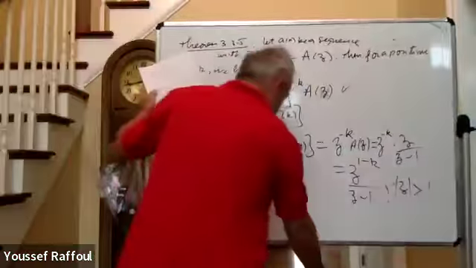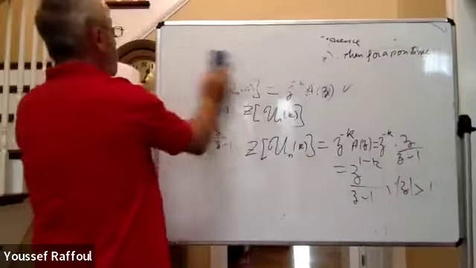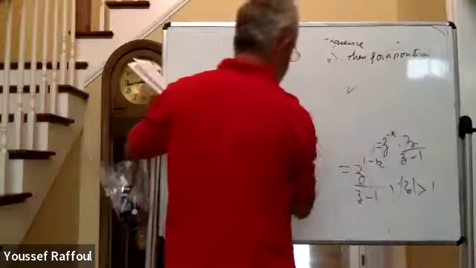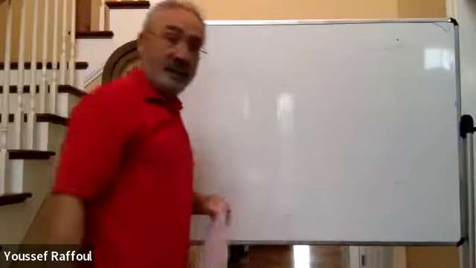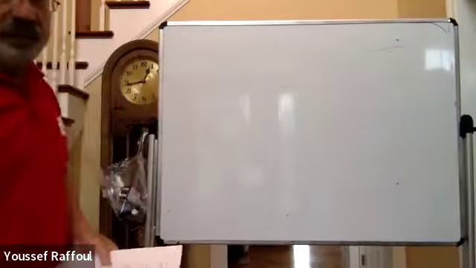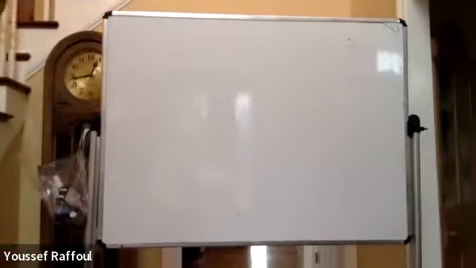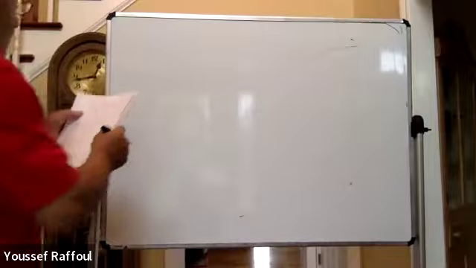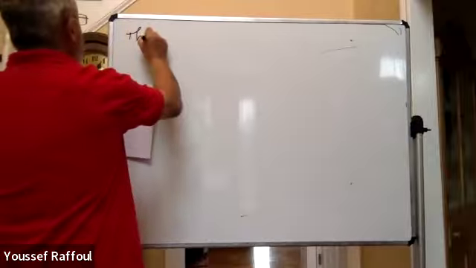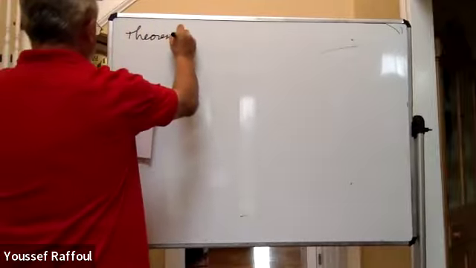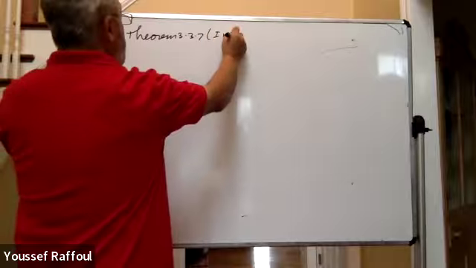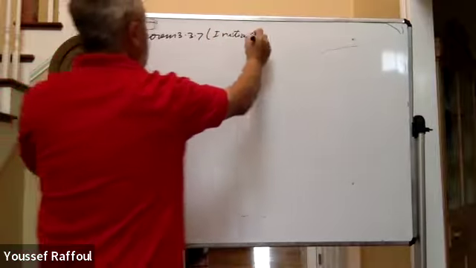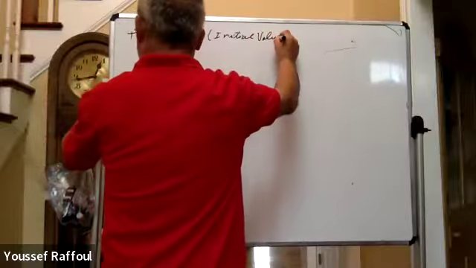Okay, there's a next theorem, theorem 3.3.7. This is called the initial value theorem.